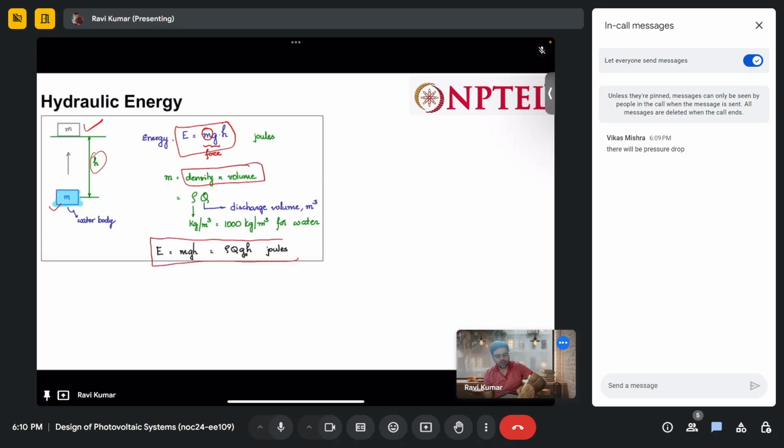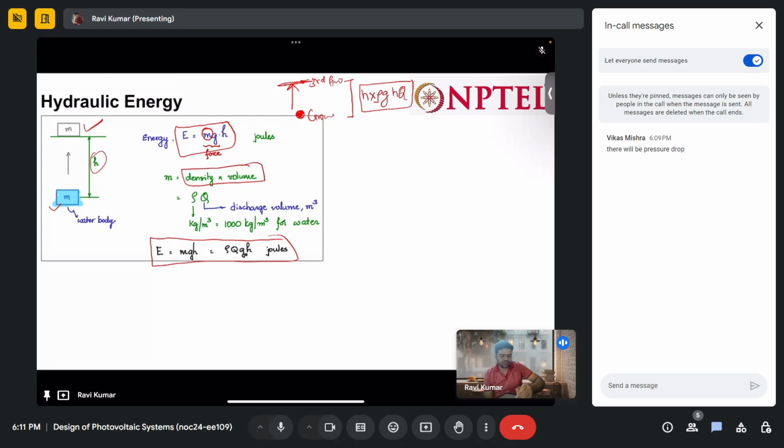So if we are taking water from, let's say, ground floor to third floor in a tank, the height of the third floor multiplied by rho, g, h and Q will be the total energy stored at this particular point.